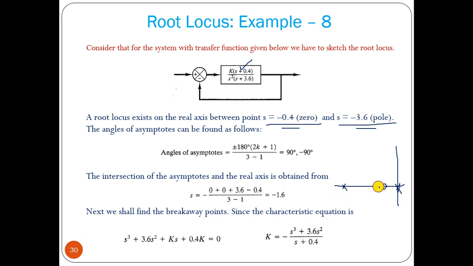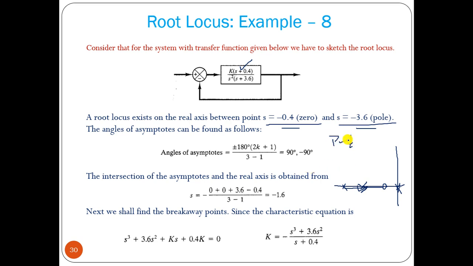Again we can see we will have only this real axis segment, because on the right hand side we have two poles and there is no real axis segment. Now we can find, 3 minus 1, two asymptotes are there, p minus z.